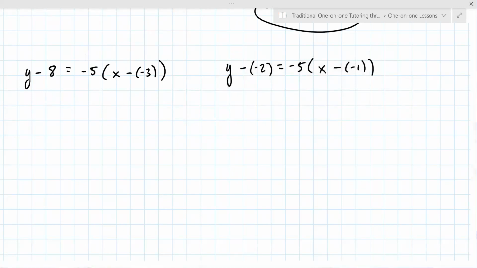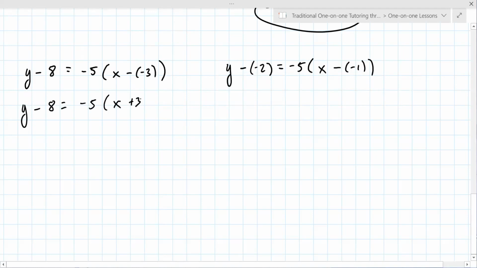Okay, is that okay? Yeah. All right, so you're going to see that we're going to end up with the same equation. So this is y minus 8 equals -5x. I'm going to distribute this negative first, so plus 3. So minus 5x minus 15. Minus 8, then 5x plus y equals -7.